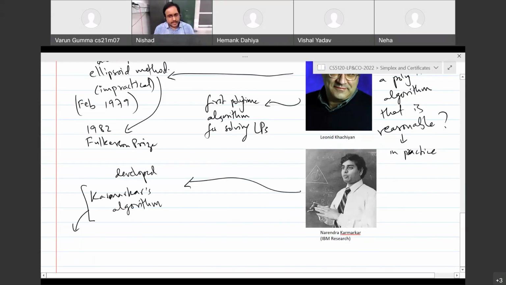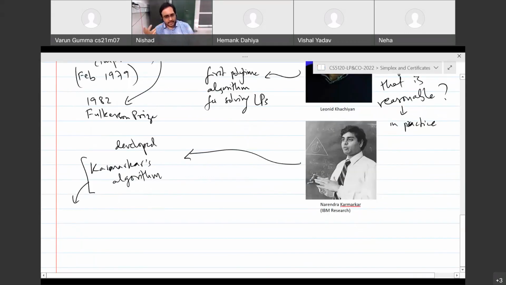When we were doing the geometric example, somebody mentioned that rather than going from one extreme point to another, which means one basic feasible solution to another, can we instead find a path in the interior to get to the optimal solution?